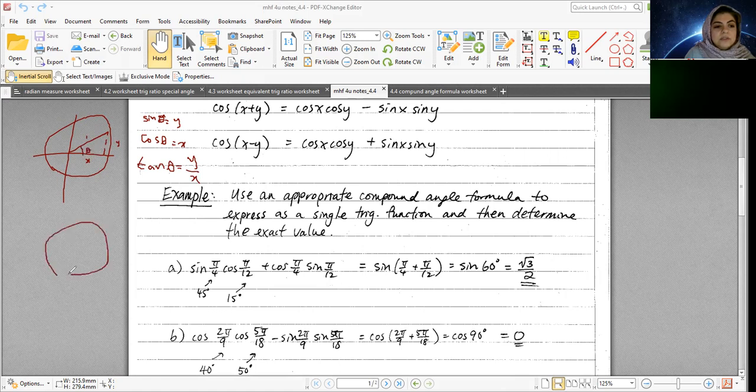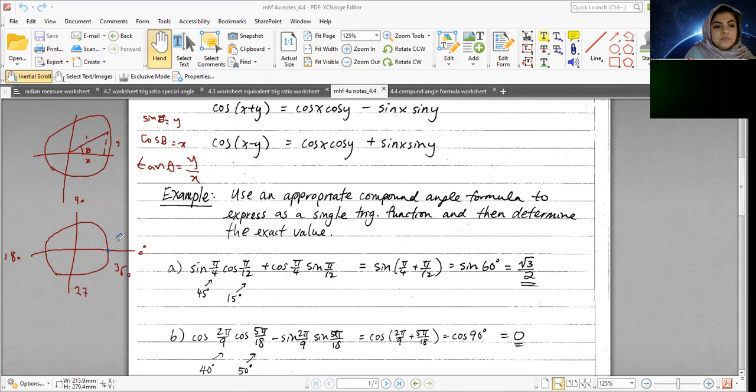In the unit circle, everyone knows this is angle 0. This is angle 90 degrees. This is 180. This is 270. Here is 360. Each has a point, right?